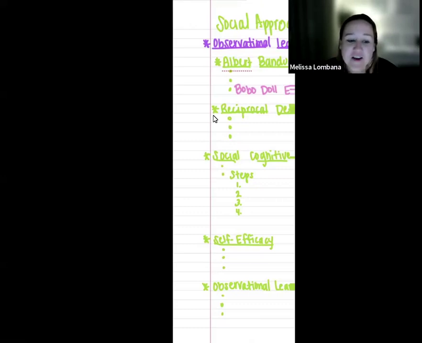So the environment influences the person's behavior, and then the person's thoughts then influence the environment. Okay, it's kind of like reciprocal. The environment will determine how you are, and then your thought around the environment will determine the environment as well. Okay, they both influence each other.